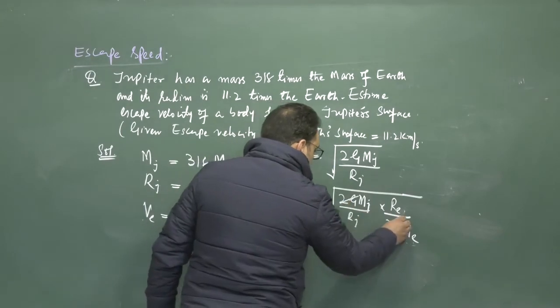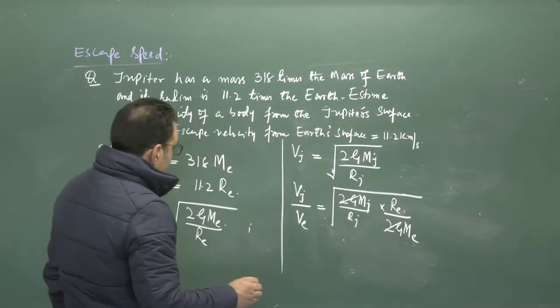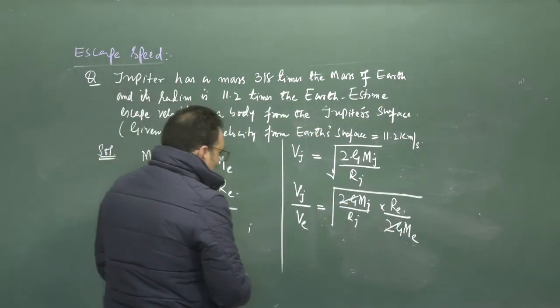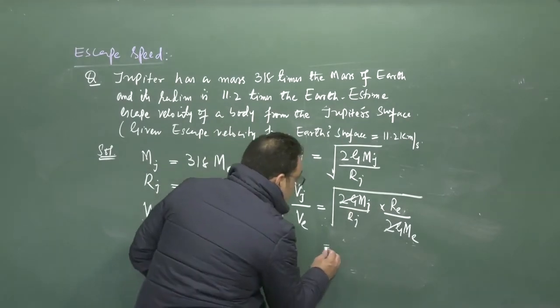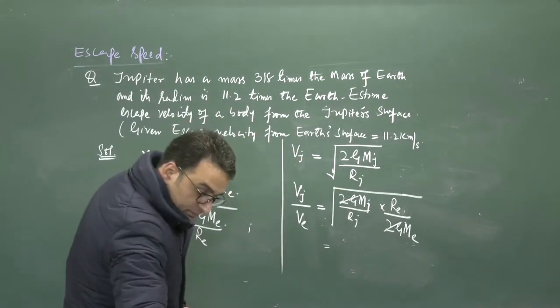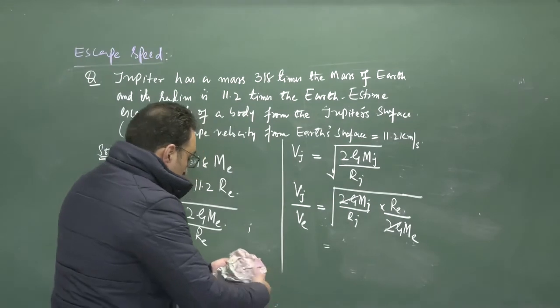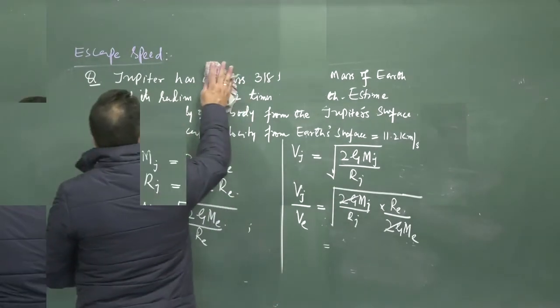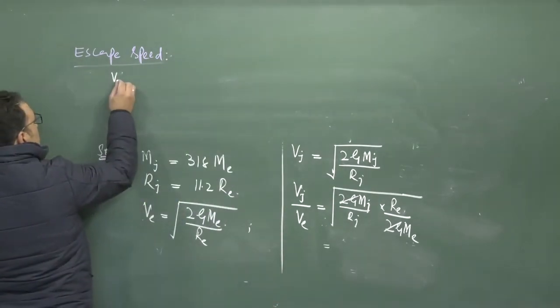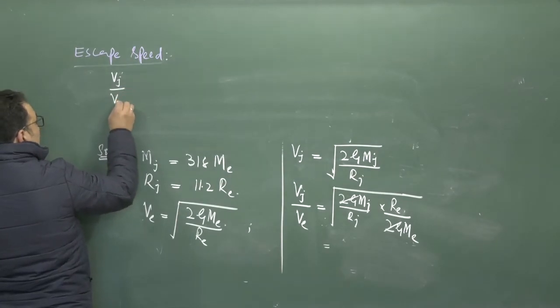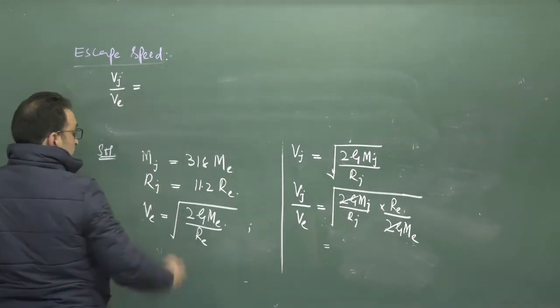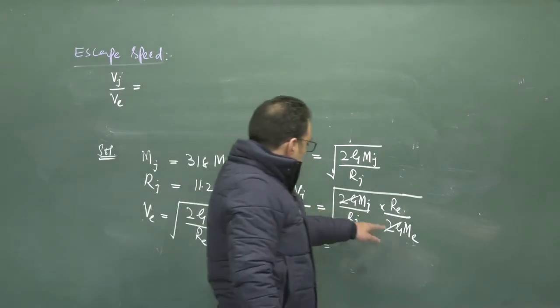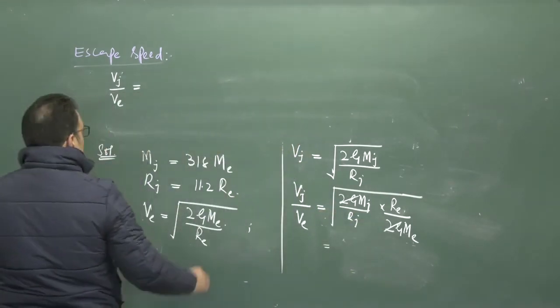This 2G and 2G cancels. Now Vj by Ve equals Mj by Rj into Re by Me.